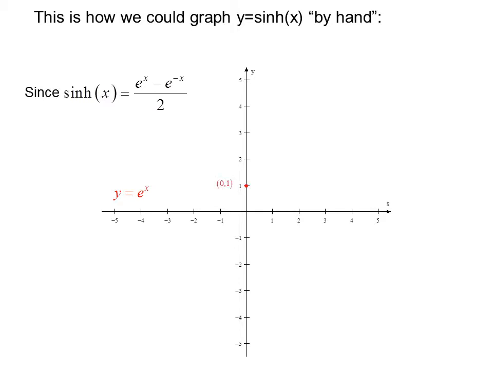E to the 0 is 1, so we put a dot at 0, 1. And e to the 1 is e, or about 2.7. So we have a dot at 1 and 2.7. Now we can sketch in our exponential graph.